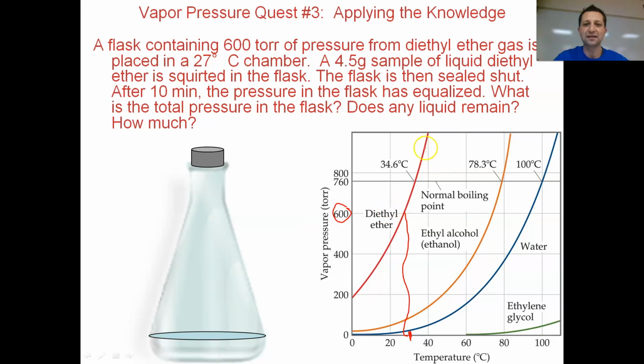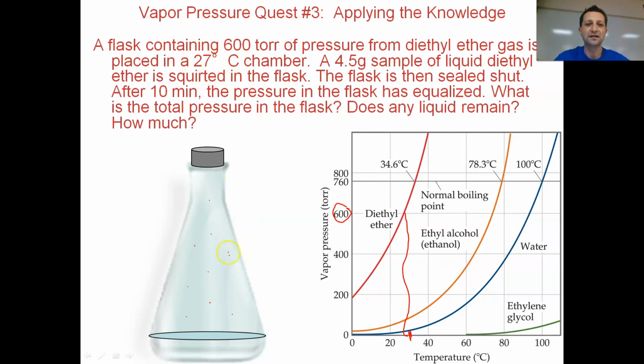That's saturated. This curve is when the solution is saturated. So once you've hit that saturation point, no more liquid could evaporate. Okay, so we have our 600 torr of pressure from diethyl ether in this flask, at 27 Celsius.